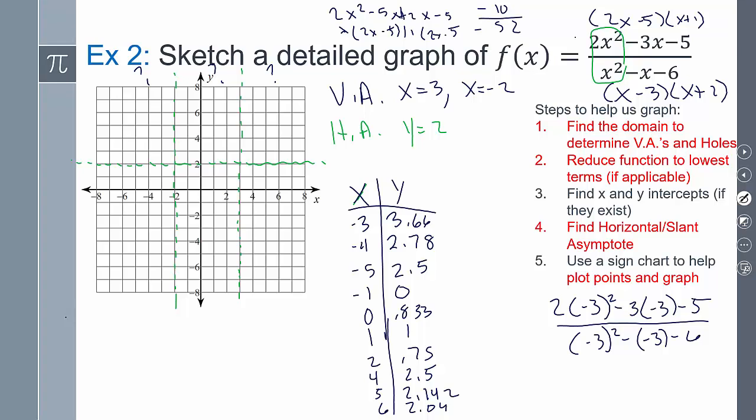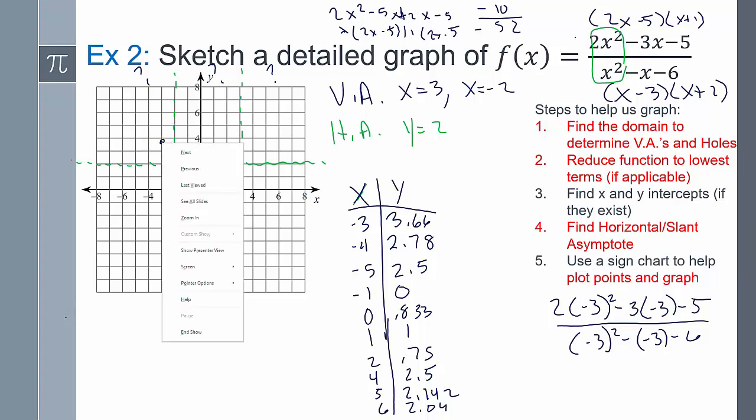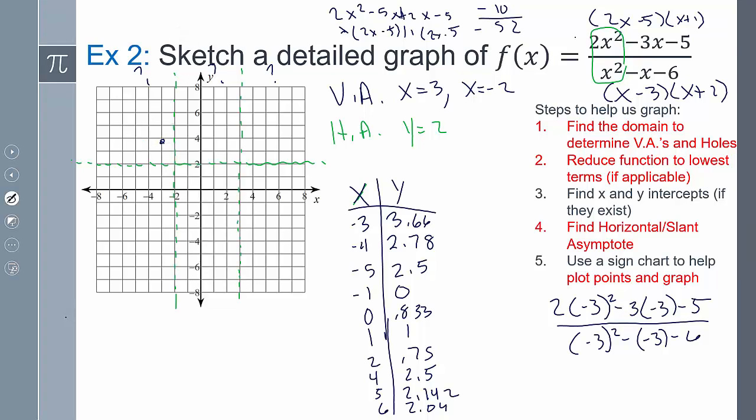So once you have those values, you can go through and start plotting them. So at -3, it's positive 3.66. And then -4 is 2.78. And then at -5, it's 2.5.